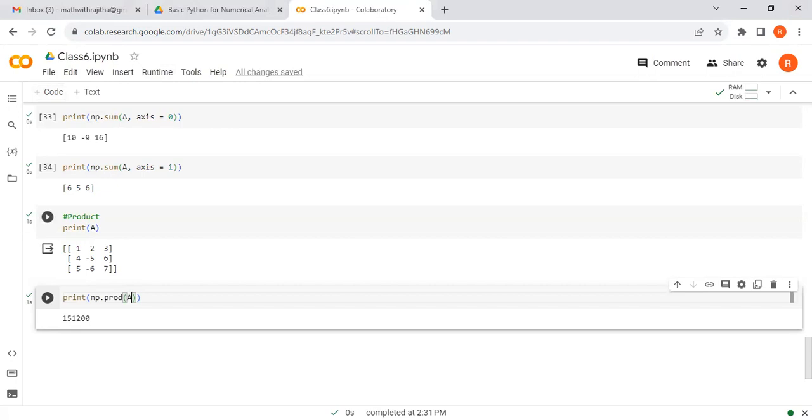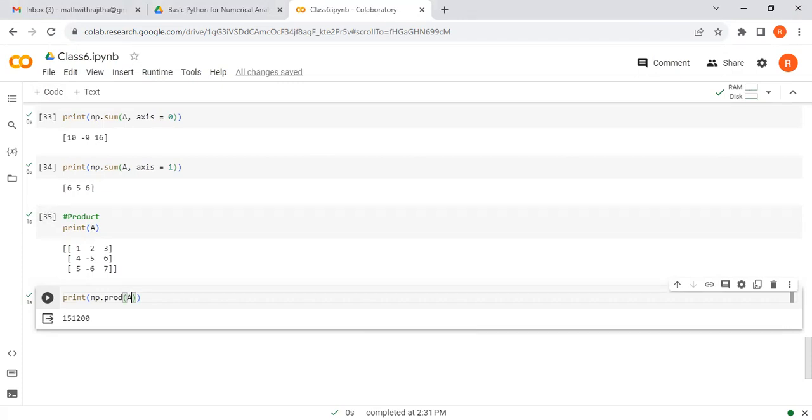This gives the product by multiplying all the elements in the matrix: 1 multiplied by 2 multiplied by 3 multiplied by 4 multiplied by minus 5 multiplied by 6 multiplied by 5 multiplied by minus 6 multiplied by 7. It gives me a positive number because I have two negative numbers. When they are multiplied together, it becomes a positive number, so the whole thing becomes a positive number.